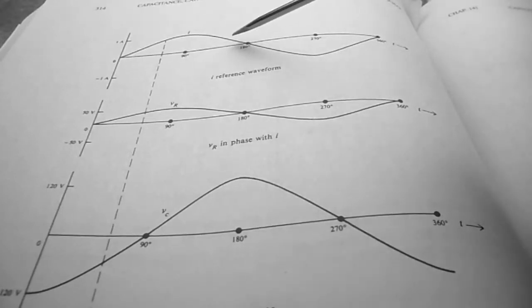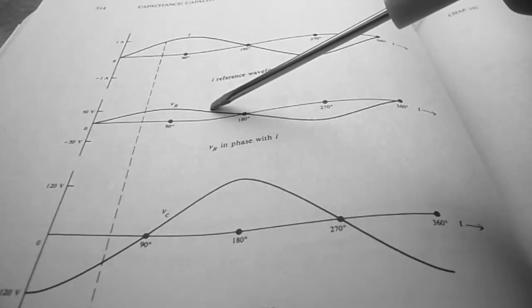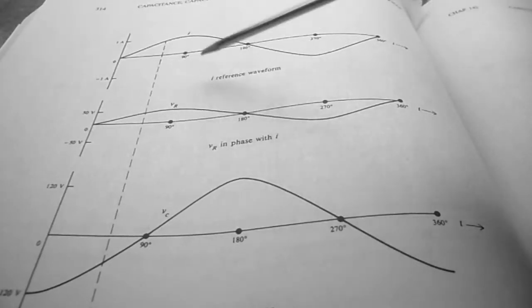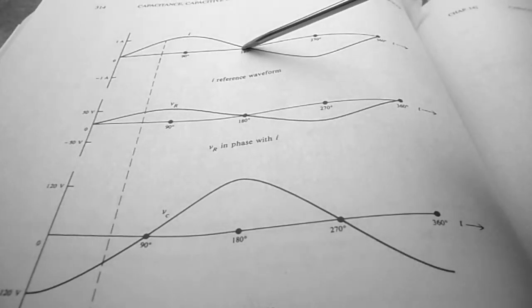We can't see current on the oscilloscope, but we can see the voltage drop across the resistor, and its phase angle is identical to the phase angle of the current flowing through the resistor.